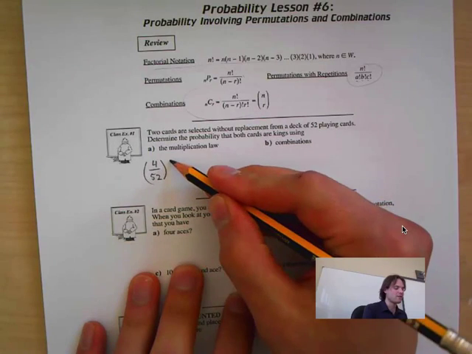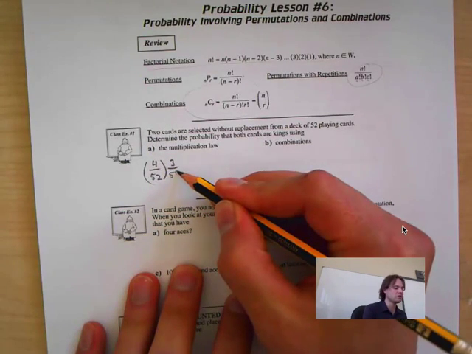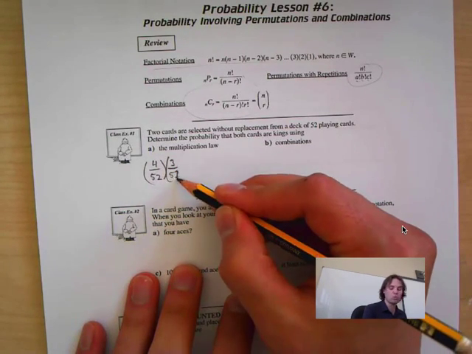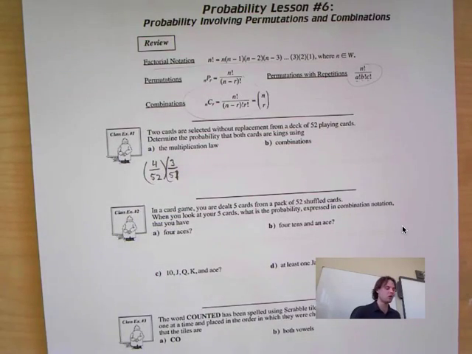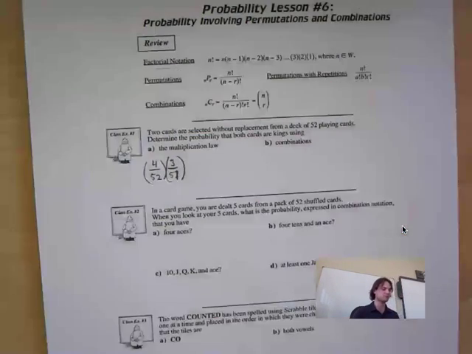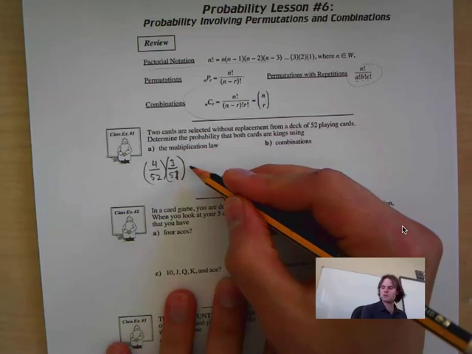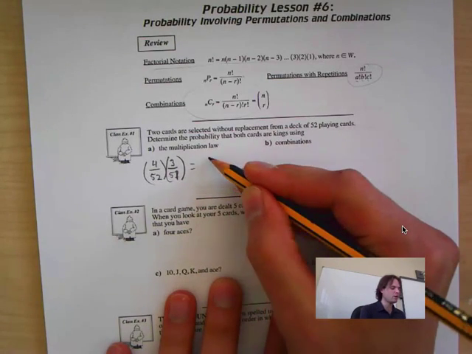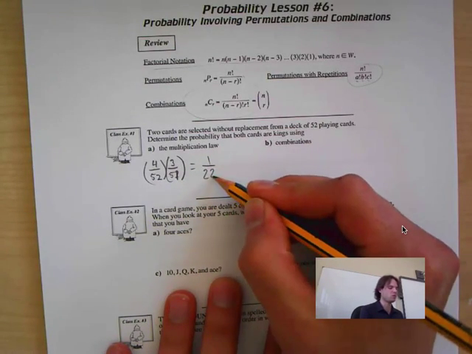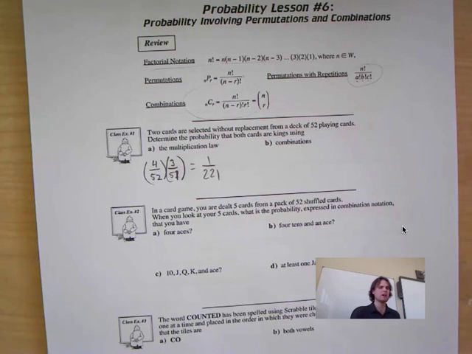And then there's a 3 in 51 chance that the second card is a king. So 4 in 52 the first time, 3 in 51 the second time, which gives me a total of 1 over 221.